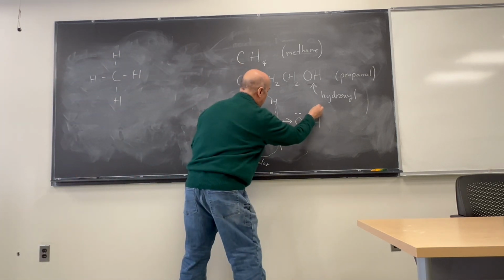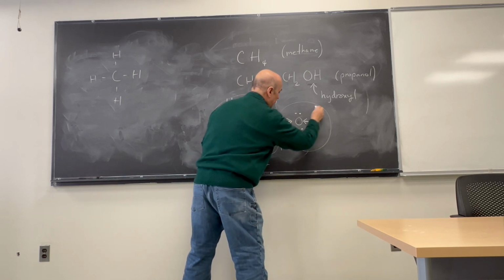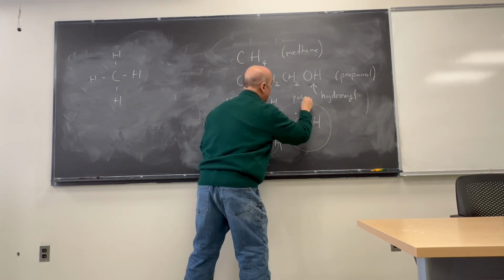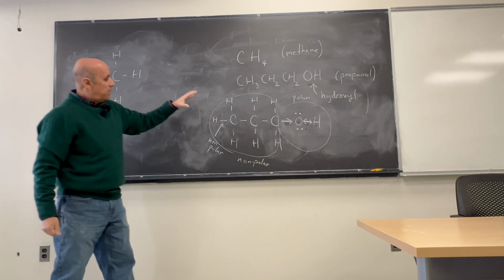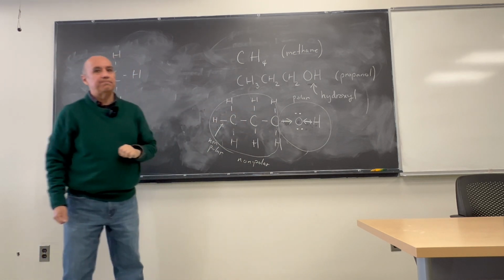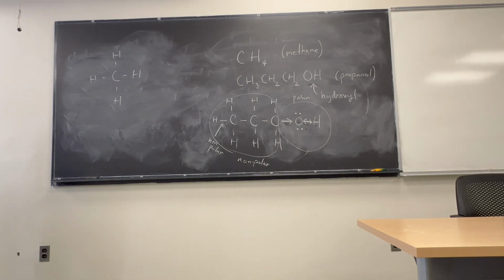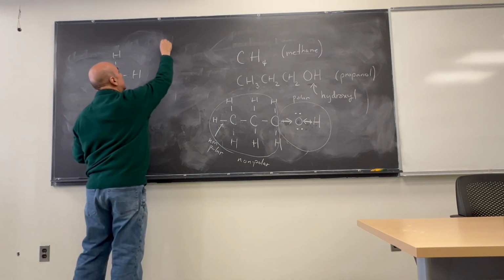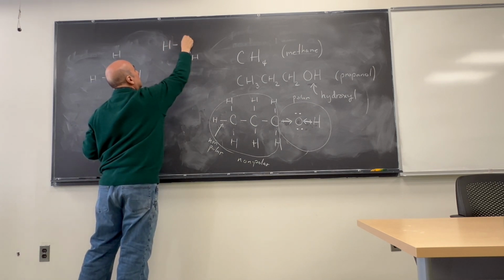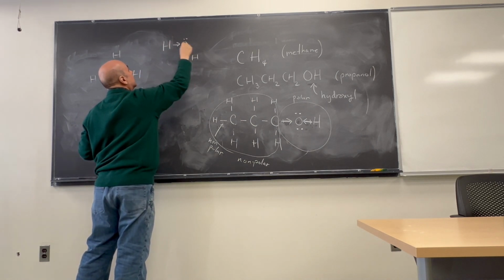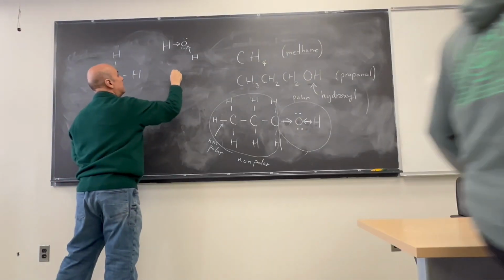This part of the molecule is polar. So propanol is both nonpolar and polar. Okay? Now, let's bring water back to the picture. We have hydrogen, oxygen, hydrogen, and we said that this is a polar molecule. So this molecule is polar.